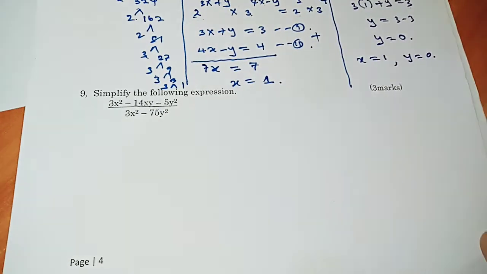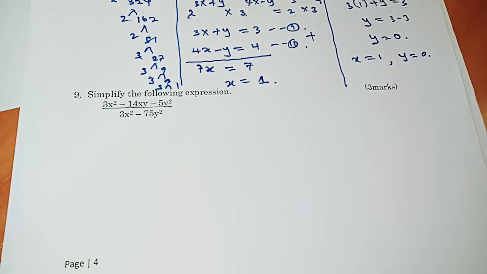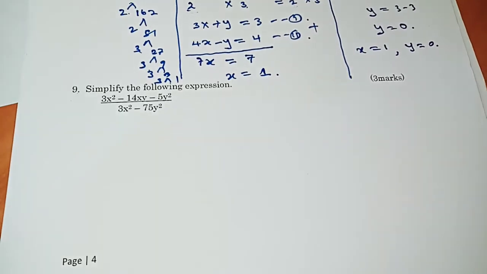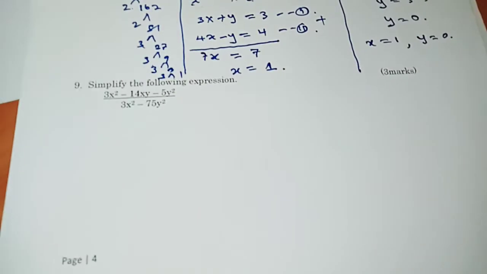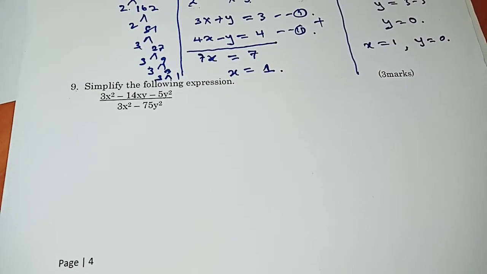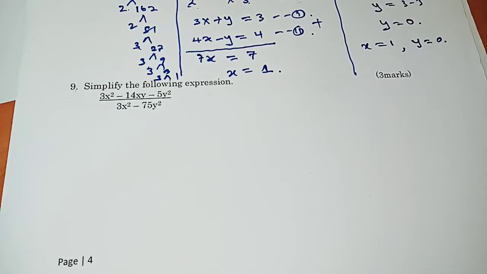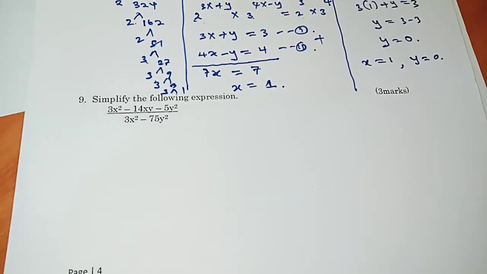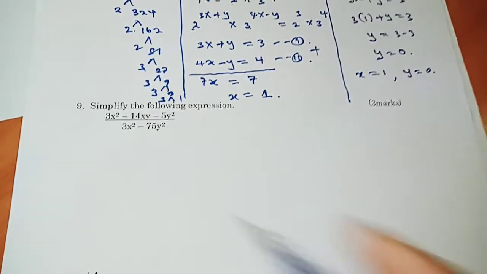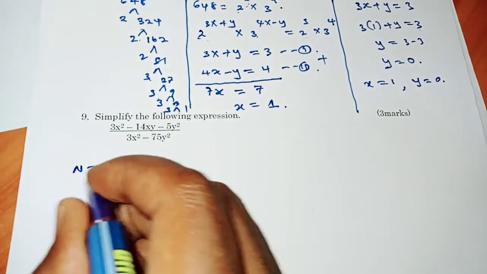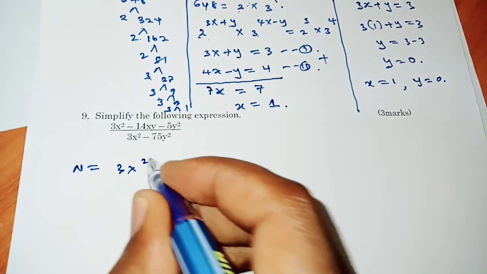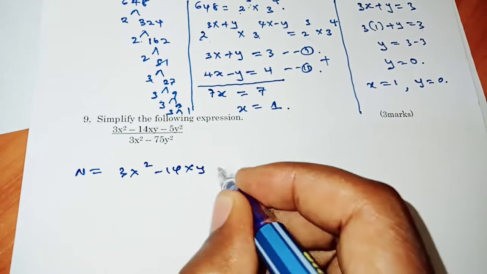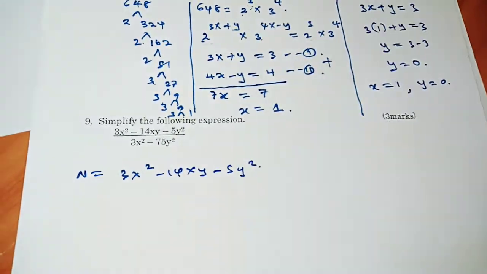We have: simplify the following expression: 3x squared minus 14xy minus 5y squared over 3x squared minus 75y squared. So to solve this problem, you need to remember the concept of factoring quadratic expressions, and we'll start with the numerator. You have 3x squared minus 14xy minus 5y squared.